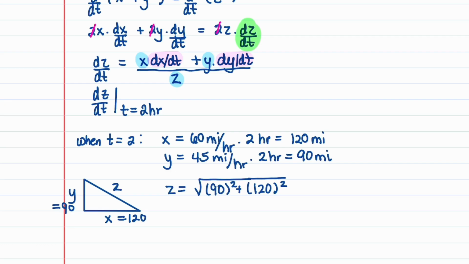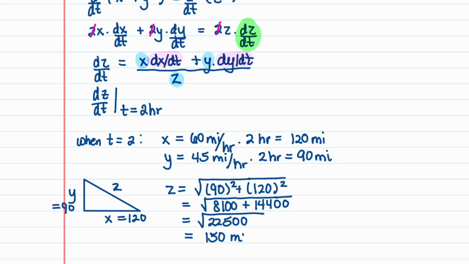I'm leaving off units just for a minute. So this is the square root of 8,100 plus 14,400, and then this is the square root of 22,500. And that actually is a nice number. That turns out to be 150. And then we'll put miles for our unit. So we have x, y, and now we have z.